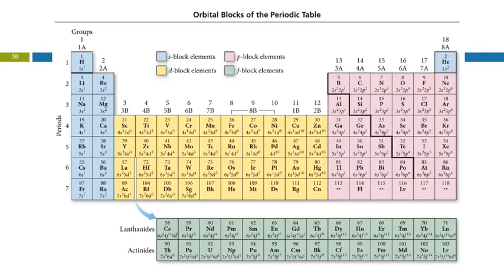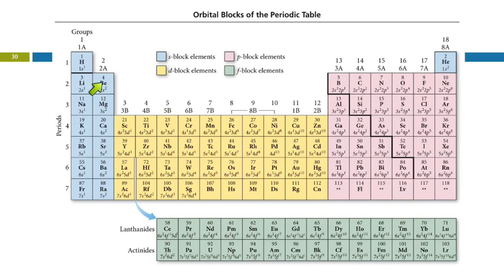So here's the periodic table showing orbital blocks. So the blue here represents S block elements, pink is P, yellow is D, and green is F. And so we can find on this periodic table the order of filling that seems a little mysterious.